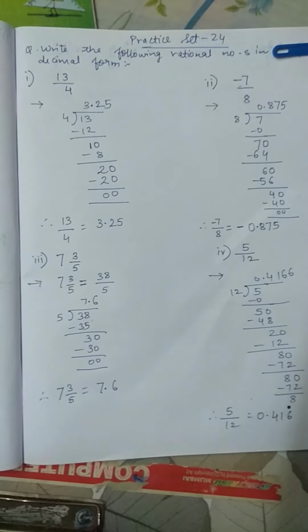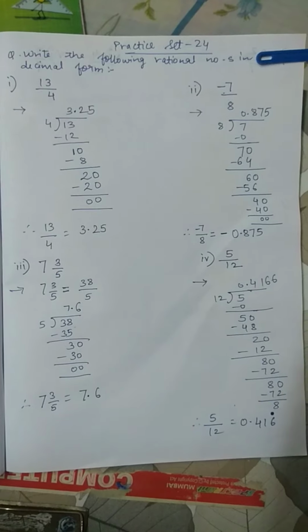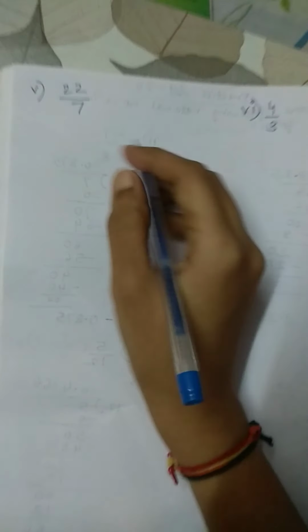Now let's see the fifth question. 22 by 7.